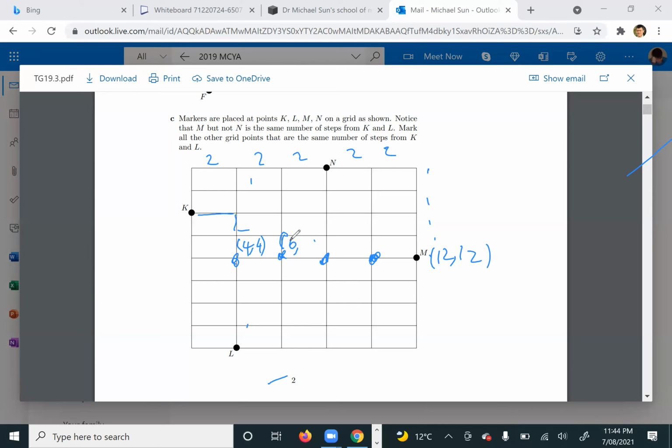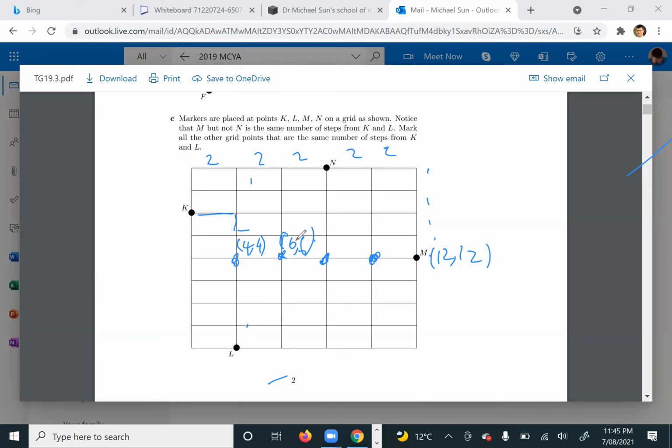Six, because 1, 2, 3, 4, 5, 6. Okay, so that's one way to do it. If you just went up 4 and across 2, that's 6, right? Yep. Okay, what about the other 2?